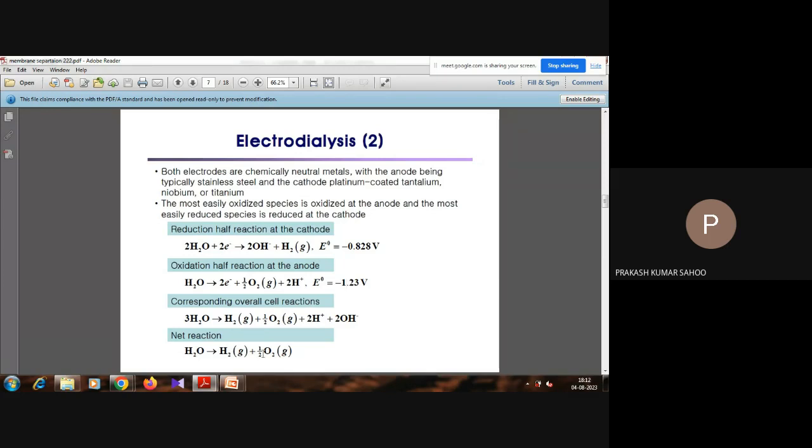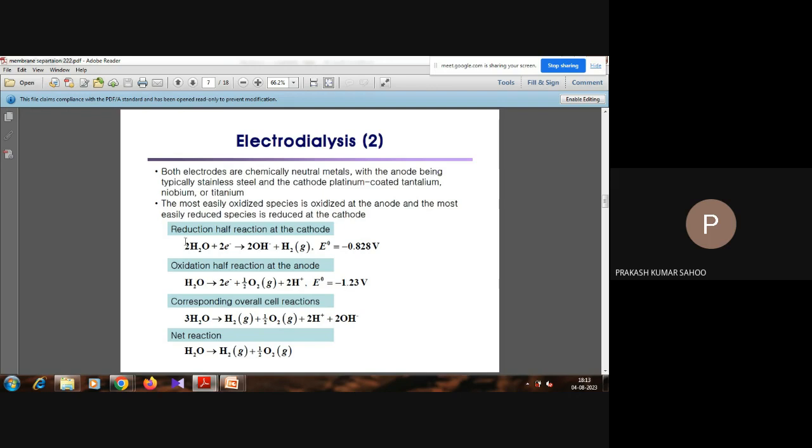So this will be the net reaction of this process, and the total E0 reduction, that is the standard reduction potential, will be minus 0.828 volt minus of minus 1.23 volt. Just calculate the value and we will get the amount of EMF generated through electrodialysis of water.